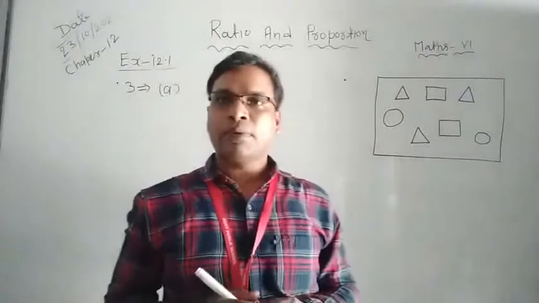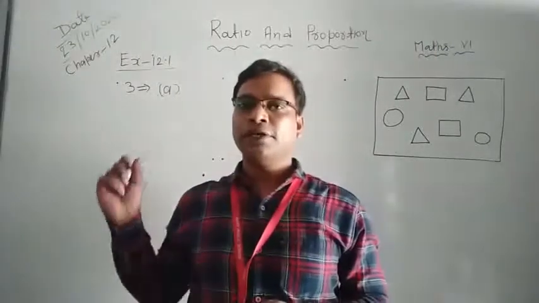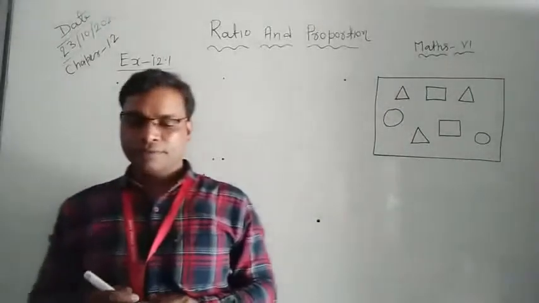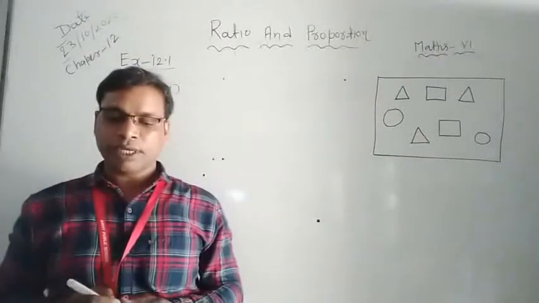So in the first part, the A part of question number 3, we need to find the ratio of the total number of triangles to the number of circles.